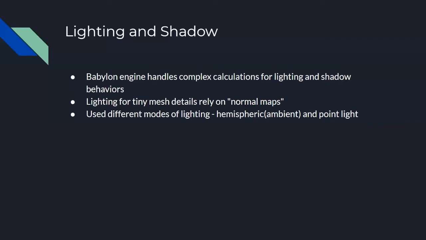This is why we use something called a normal map, which is basically an image that gives information about the 3D shape of an object. It is put on the surface of a mesh to make it look like it has more dimensions than it really does. There are also different types of lighting, such as hemispheric, which is basically ambient lighting, and point light, in which light is emitted in every direction from a single point.